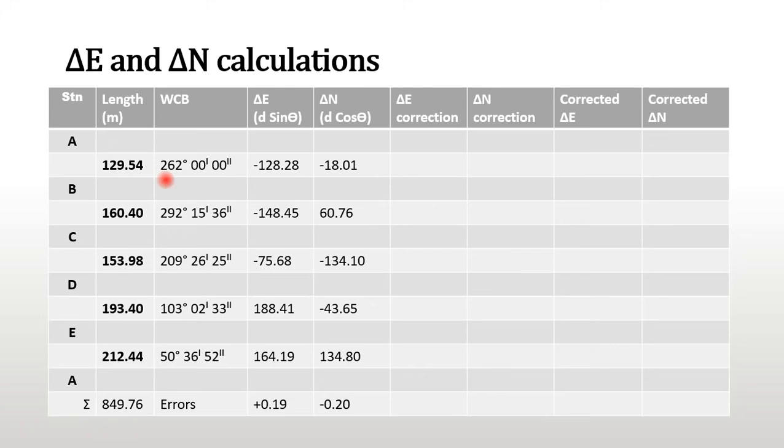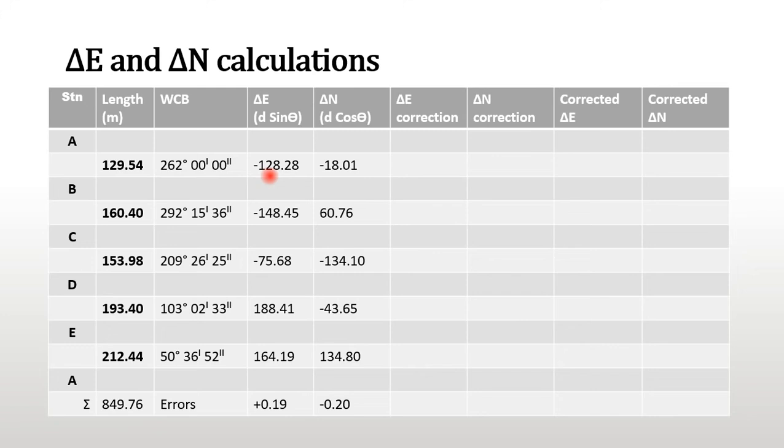To two decimal places, this gives us minus 128.28 meters. That's the value for the change in Eastings. The negative sign means that you are moving towards the left in terms of the Eastings.